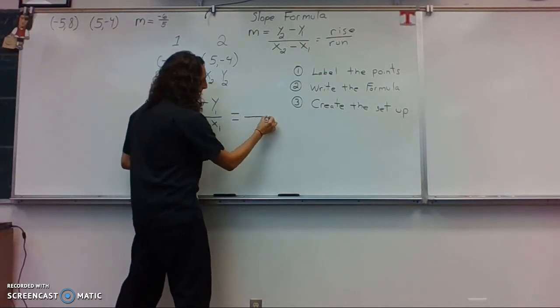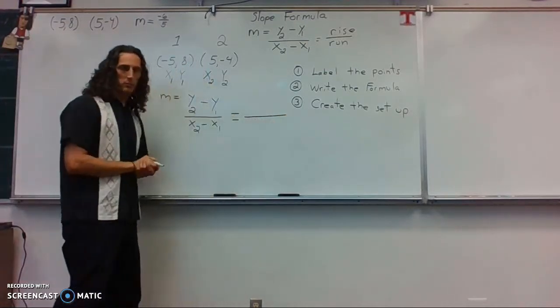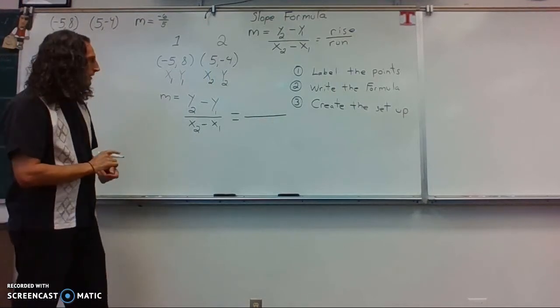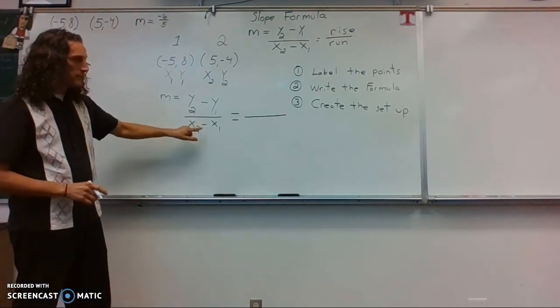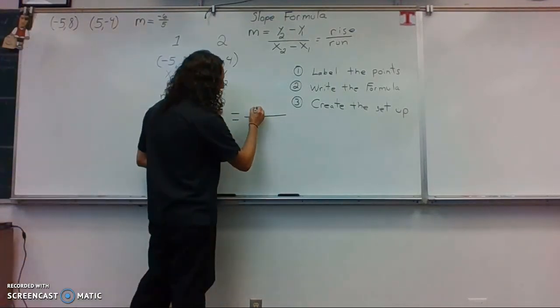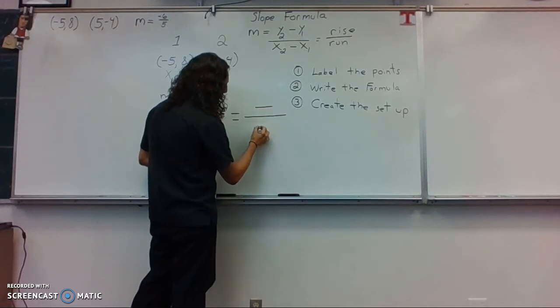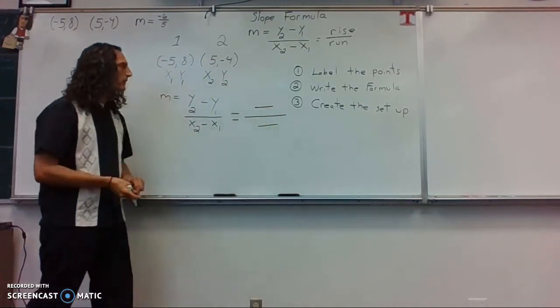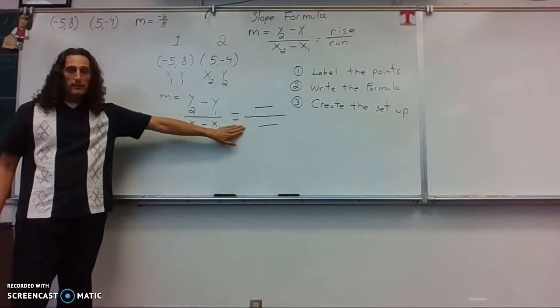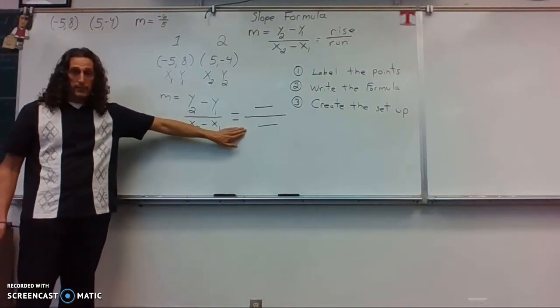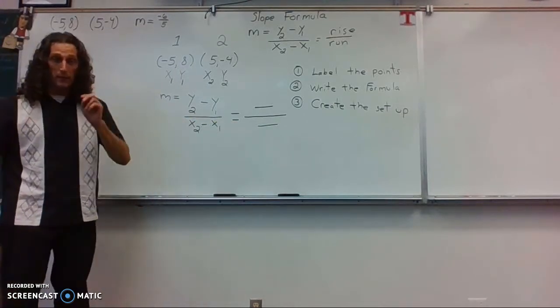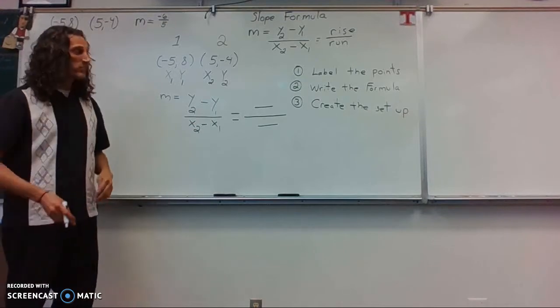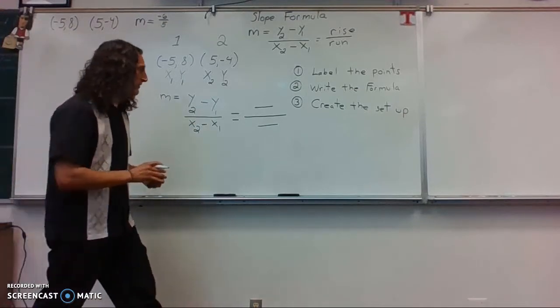Draw a large fraction bar. You see these 2 minus signs? I want you to write those, but make them on the big side. This is going to be our setup, and it's going to get us ready for step number 4. So 3 and 4 are pretty closely related, and you'll see why.